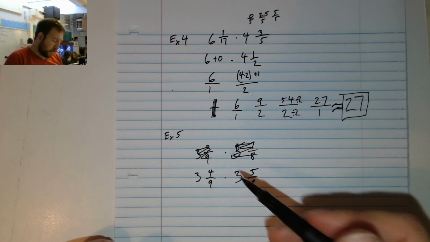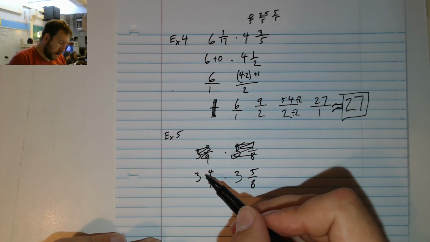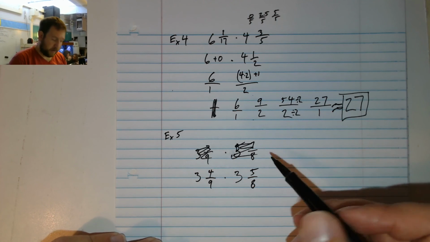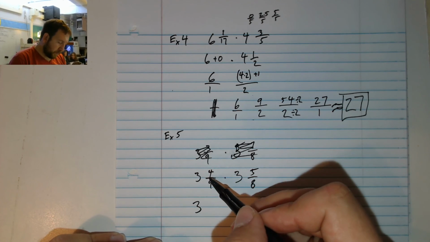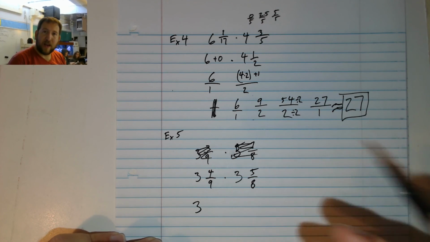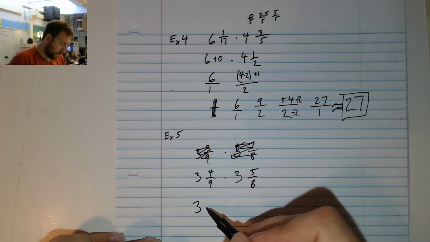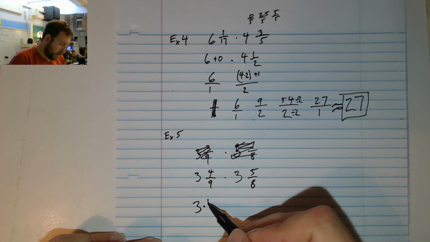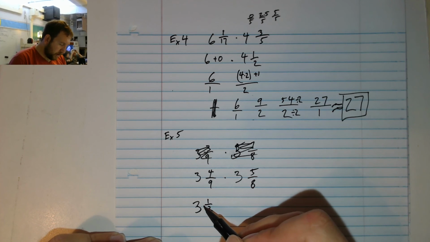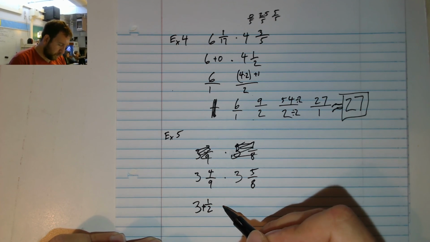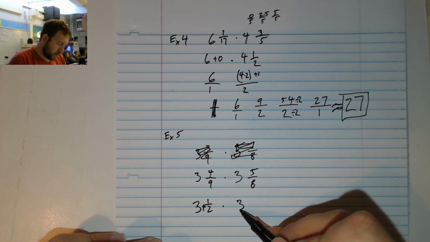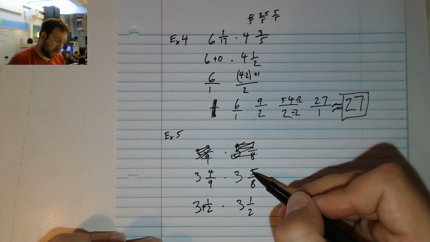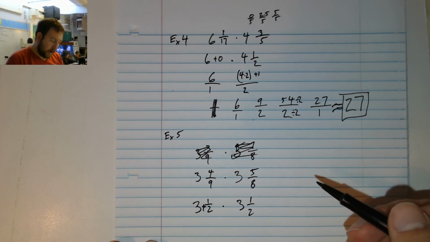Okay, so in this case, I'm going to take my common benchmark fractions and turn it down. So I've got 3 and 4/9. 4/9, I can turn that into a half. So I've got 3 and a half, not times, plus, times 3 and a half, because 5/8 here I can turn into a half.